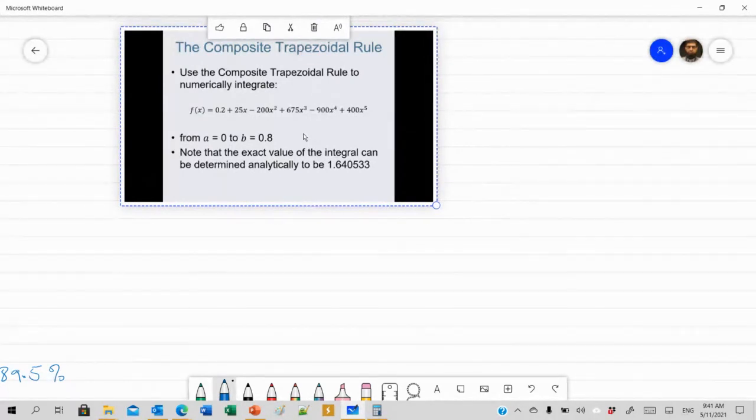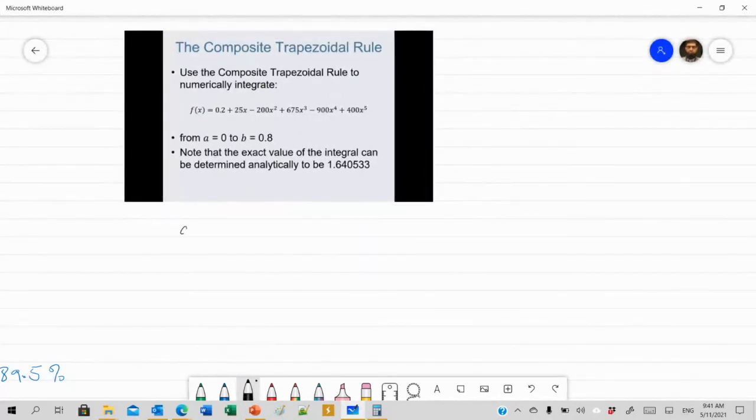Now we have a as 0, we have b as 0.8. The single application, we have seen when n was equal to 1. Now if n is equal to 2, it means that we are going to have 3 points in that case.